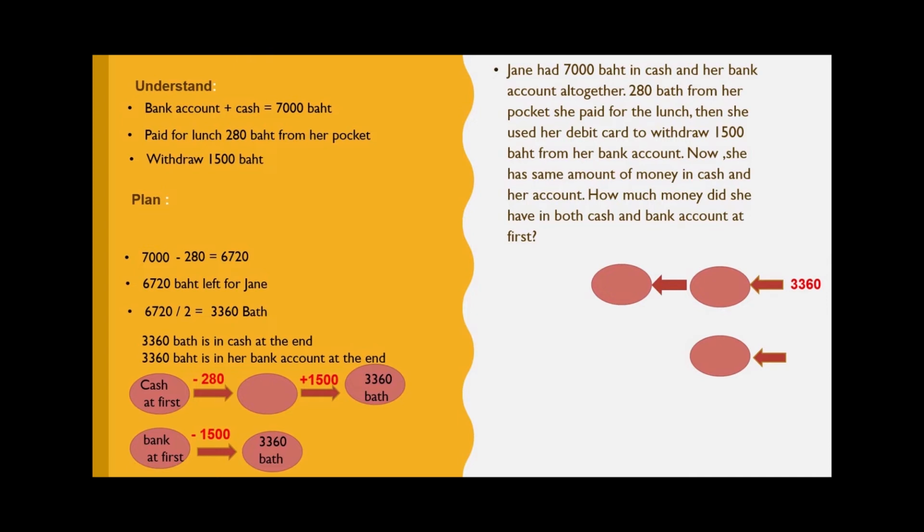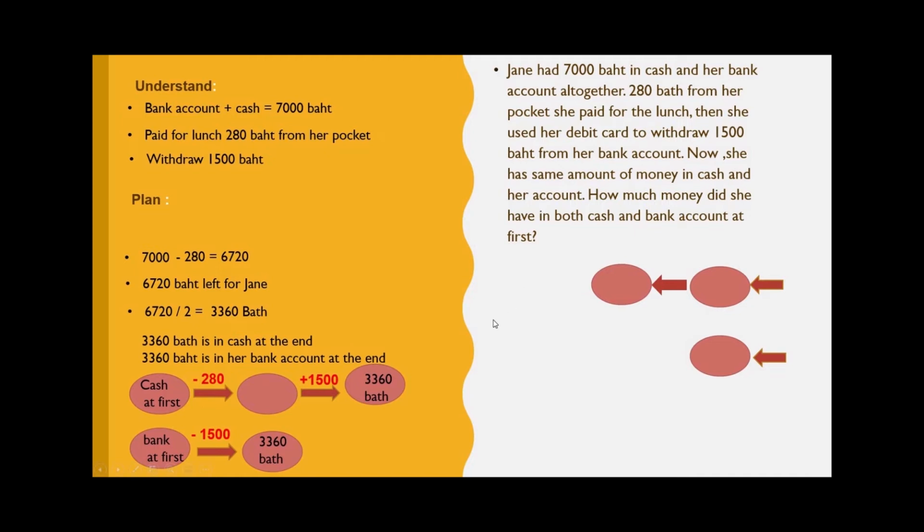So we can find them by dividing the money she has left by 2. The answer is 3,360 baht is in cash and 3,360 baht is in her bank account.